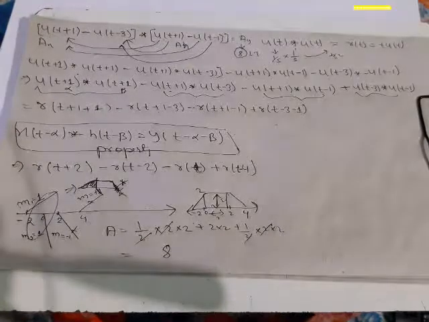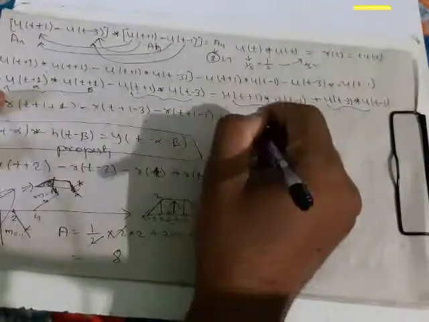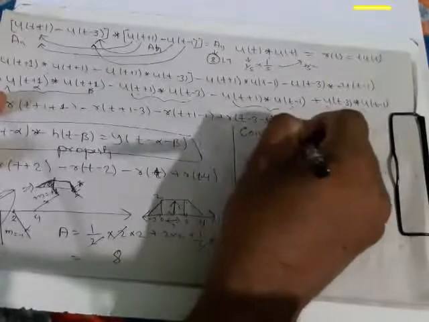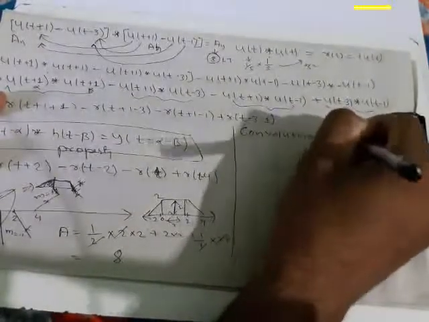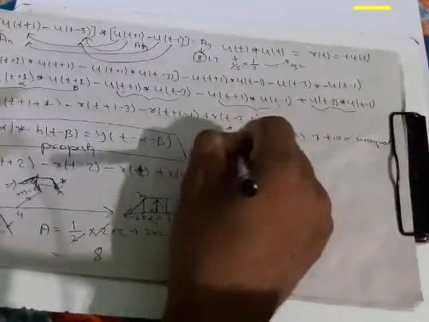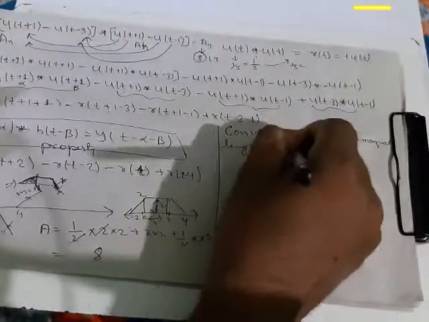If it has minus 1 to plus 1, it is nothing but x of n, convolution with an impulse signal. If we convolve this signal, we have to express it in terms of step function.